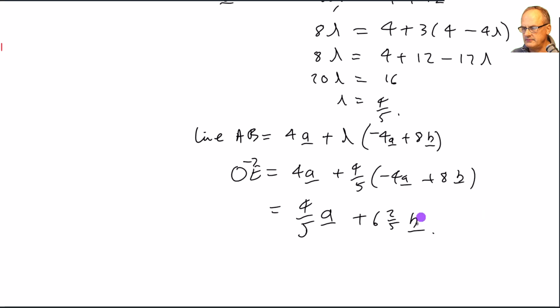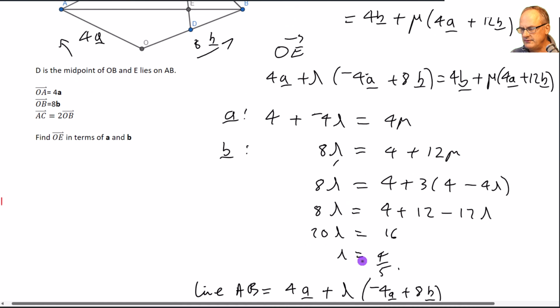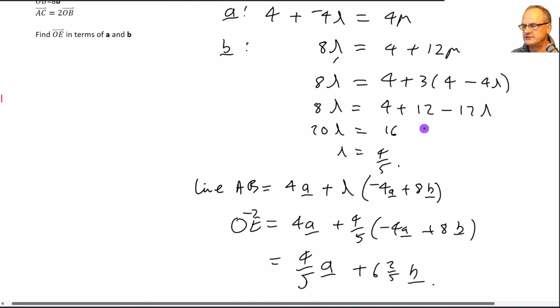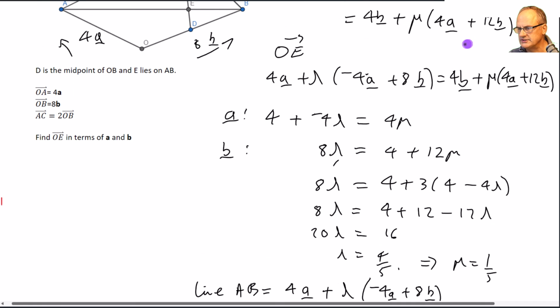We can check that we've got the right answer by putting this in to find mu. If we put the 4/5 in to find mu, we get minus 16/5 here, and 4 times by 4 is 20/5, so that's going to give me 4/5. So 4 mu equals 4/5, so mu will equal 1/5. If we put that into the mu equation here, we should get the same answer.